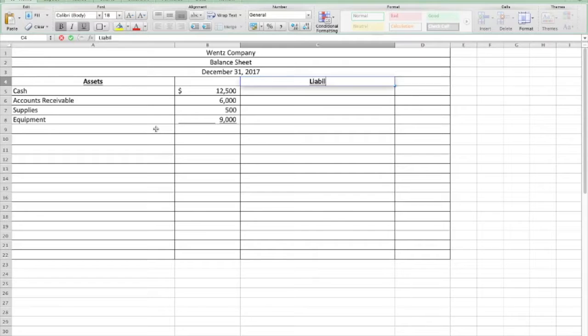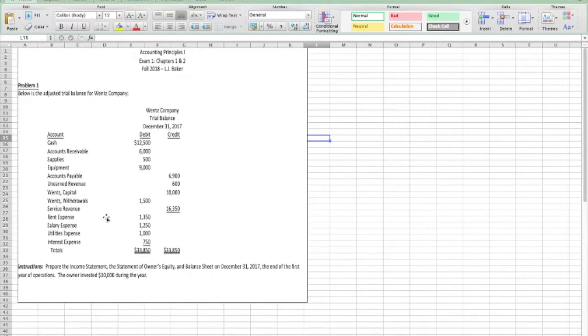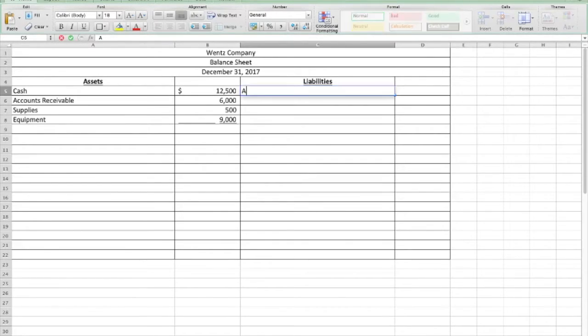So over here on the right, the first thing that I'll see is liabilities, the first category of accounts that are going to show up on the right side of the equation. If I look back over here at my trial balance, I have two liabilities that I need to report: accounts payable and unearned revenue.